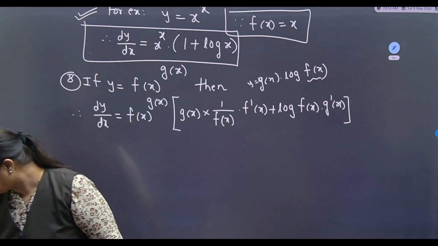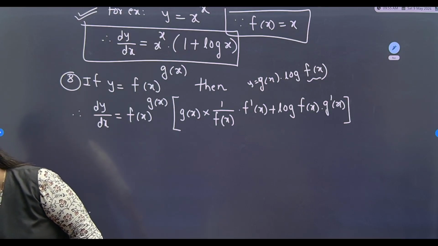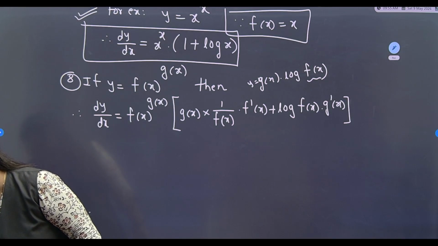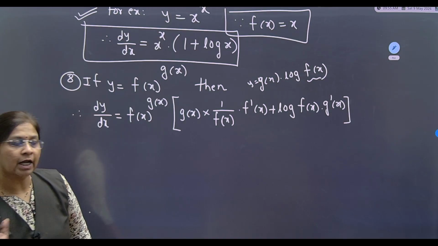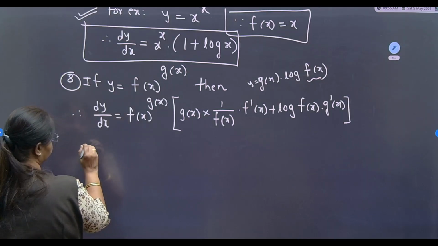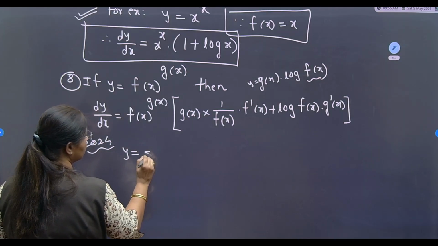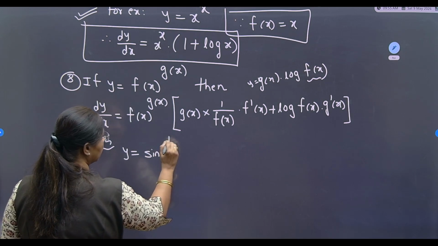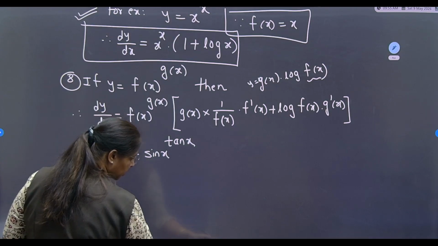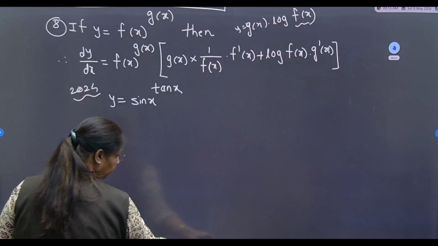For example, year 2024, sin x raised to tan x example. y is equal to sin x raised to tan x, that is function raised to function but another function.